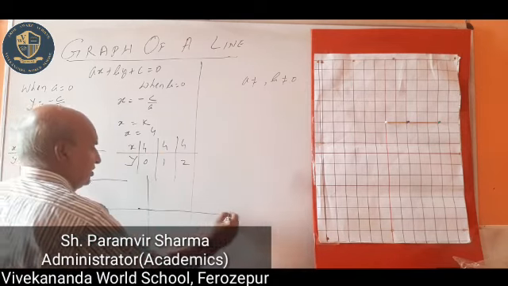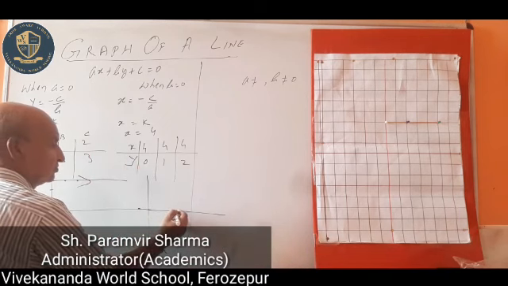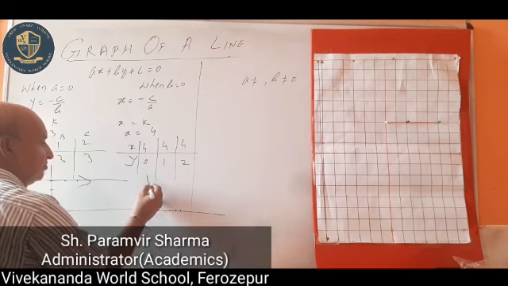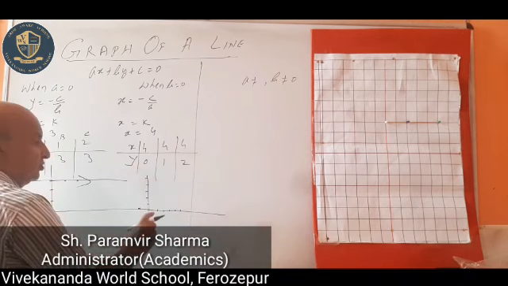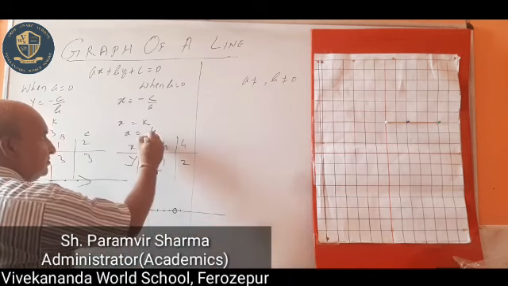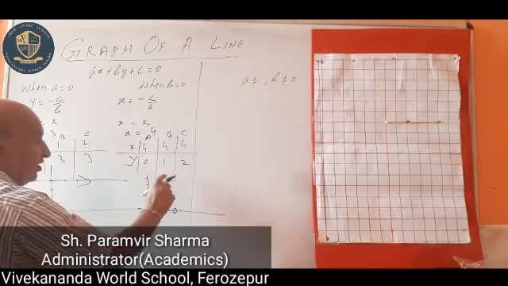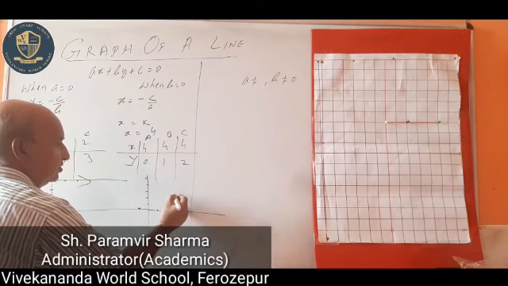So when we are joining the points, it is (4, 0), which is A, then (4, 1), and (4, 2).